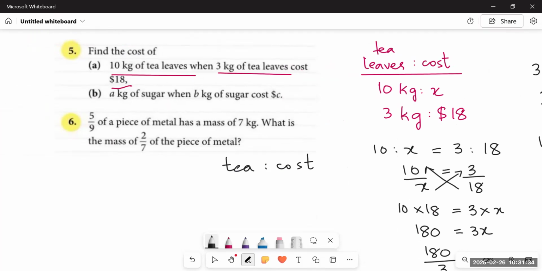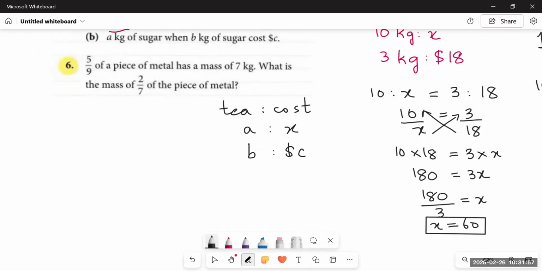In the first one, what are we provided with? A kg of sugar. Kg is going to be the first quantity. A ratio X. Then B kg of sugar, so we write B over here, ratio C dollars.